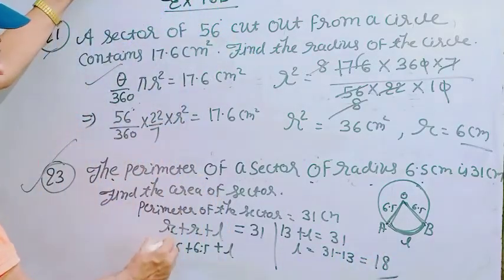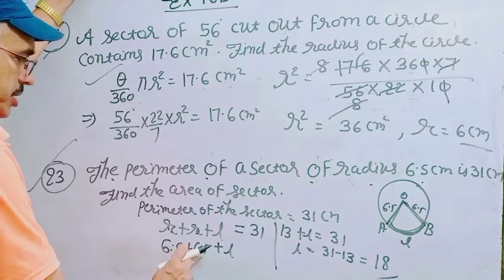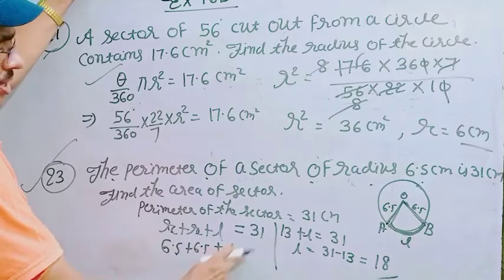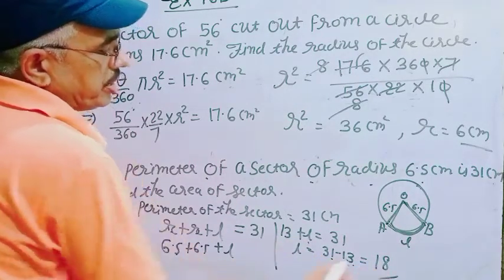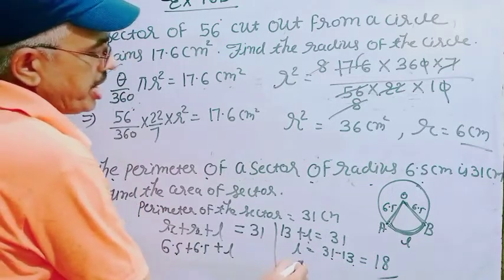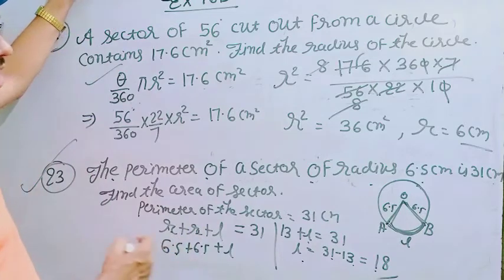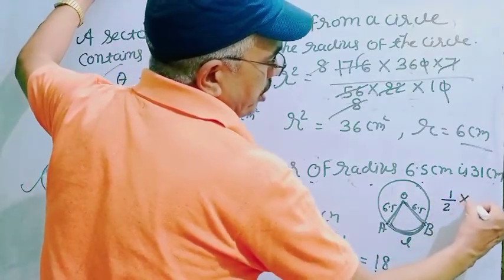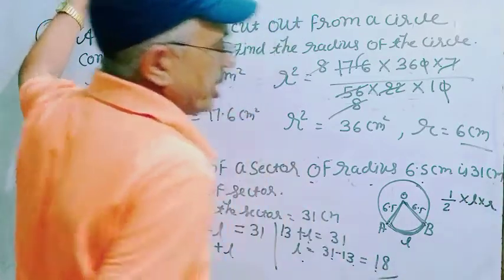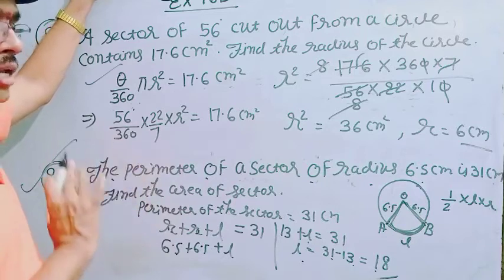How? R is 6.5. Then 6.5 plus 6.5 is 13, and plus L is 31. Then L is equal to 31 minus 13. That is 18. If you find L is 18 and R is 6.5, so what is the area of the sector? Now the other formula is 1 by 2 into L into R. It is also the formula of area of sector when length of arc is given.